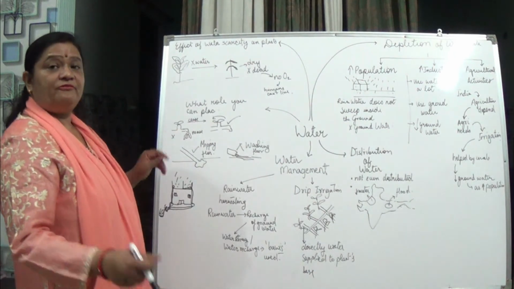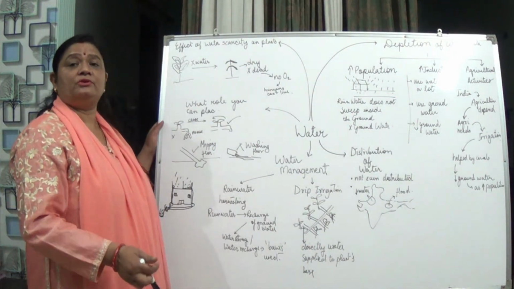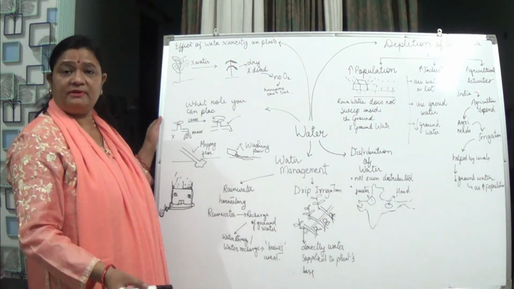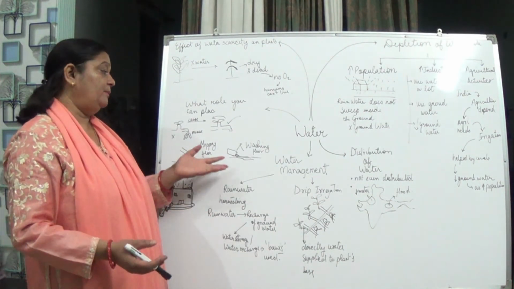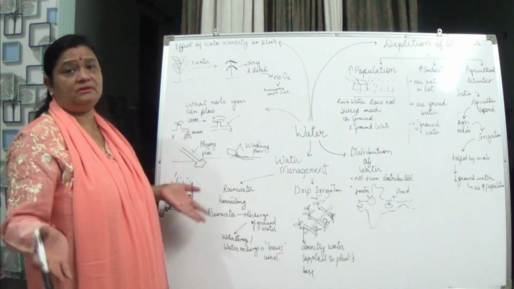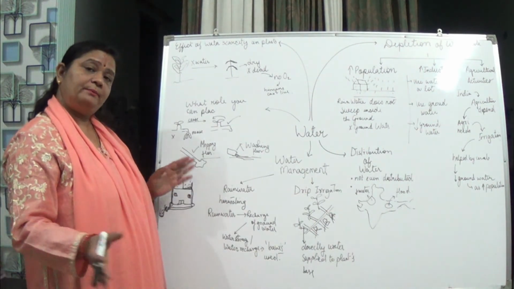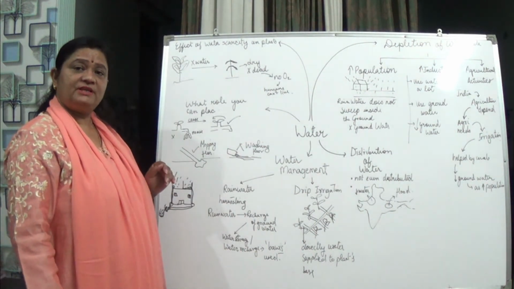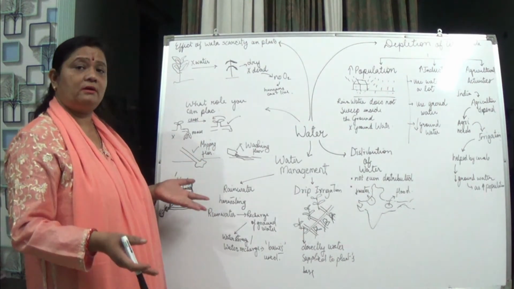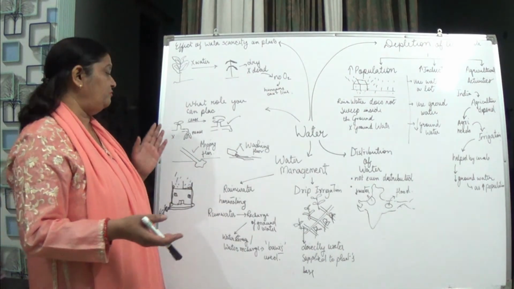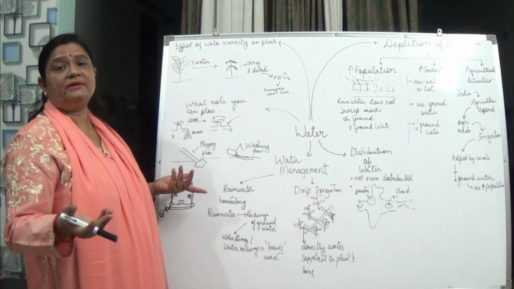Now, instead of washing the floors, we can mop the floor, isn't it? Mopping a floor requires little water, but if you are washing the floor with water, a tremendous amount of water is wasted. Washing the floor needs more water. Why should we use more water when it can be done by mopping the floor?